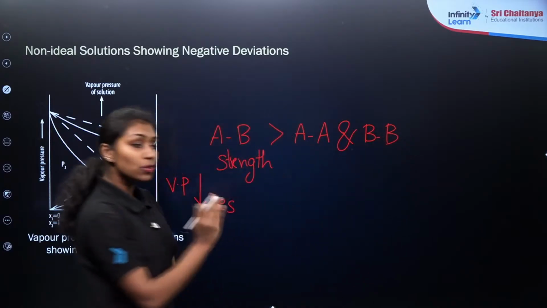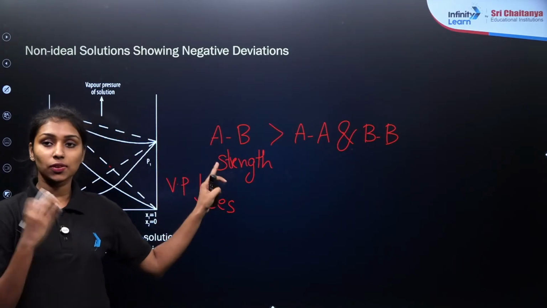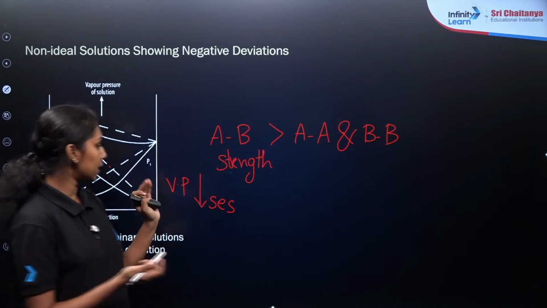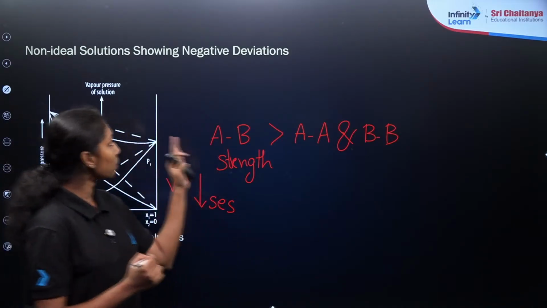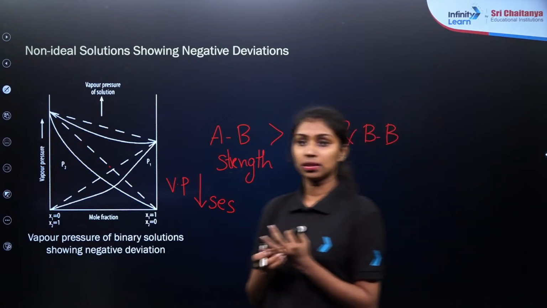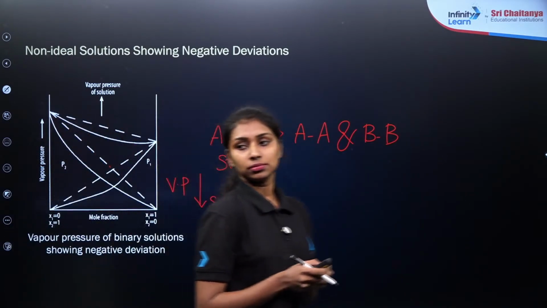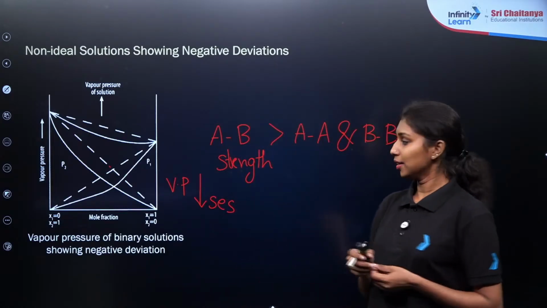So there will be a strong force of attraction. It is not easy for particles to escape from the solution side, so vapor pressure decreases. That is the reason behind the negative deviation shown by some of the solutions. Clear? Is that clear?